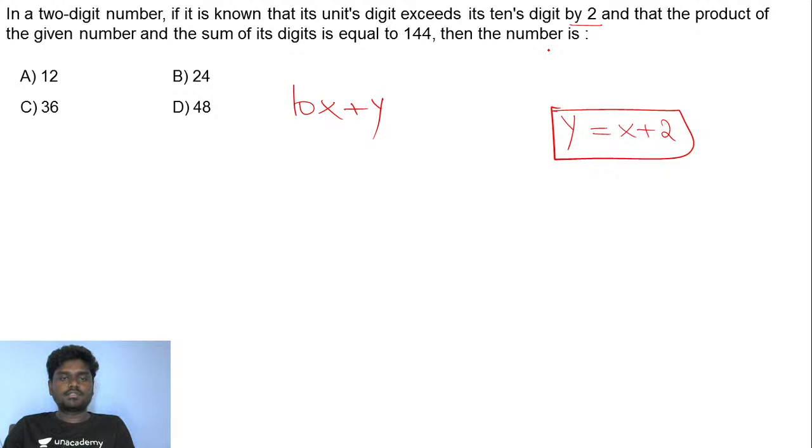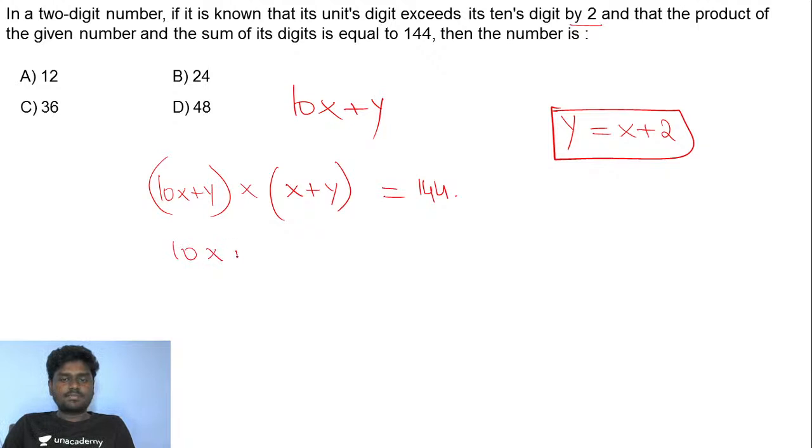So which means the product of the given number, that is 10x plus y, into the sum of its digits, x plus y, is equal to 144. Here you find what is the number. So what you can do exactly, in place of y you can substitute x plus 2.